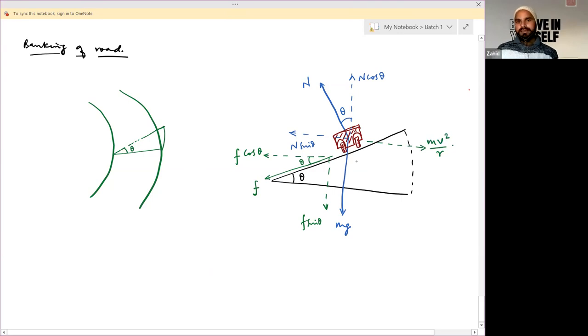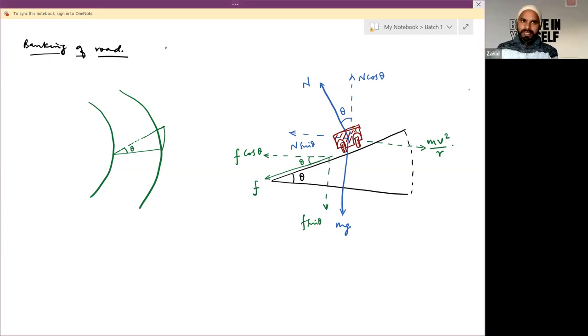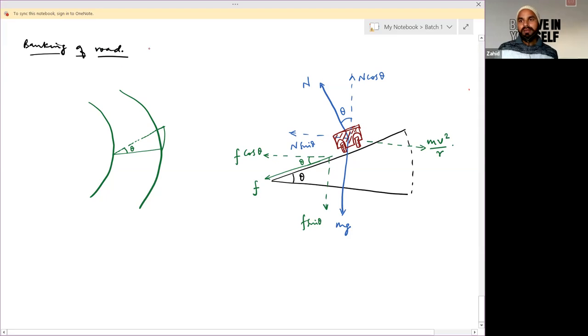Now, at this instant, this vehicle is moving in equilibrium, so the net force on this body will be 0. So what do you mean by banking? You'll say the inclination of the curved road from outside, to prevent it from skidding away, is termed as banking of road.